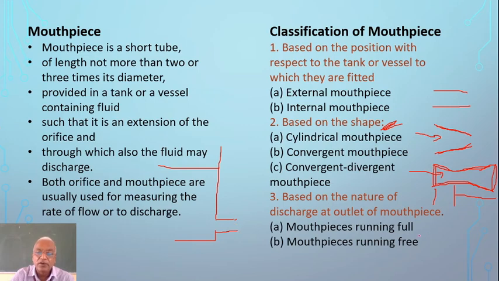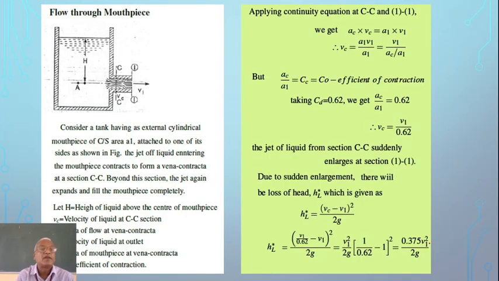But in mouthpiece running free, the jet is so sharp that it comes out without touching the mouthpiece. It just gets out without touching the surface of the mouthpiece. In that case, if it jumps out like that, then it will be running free.